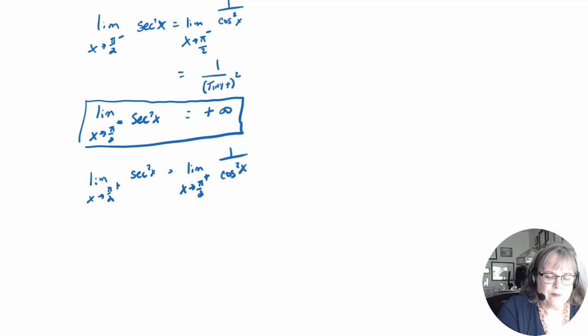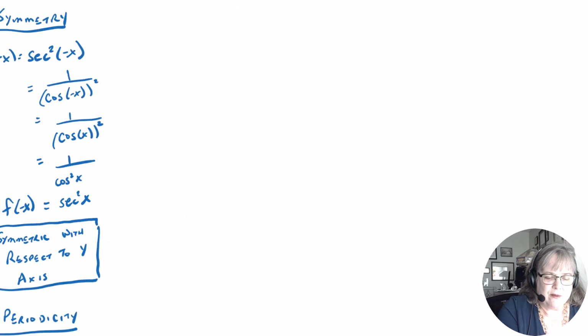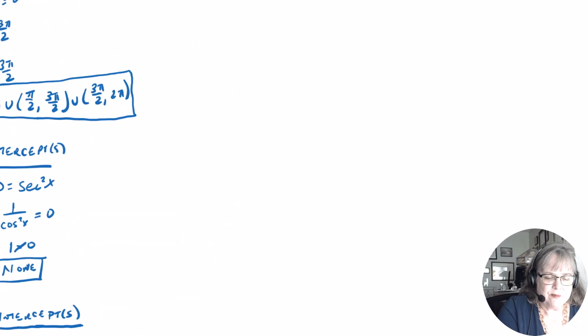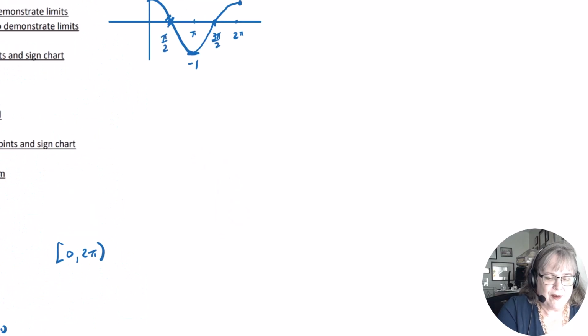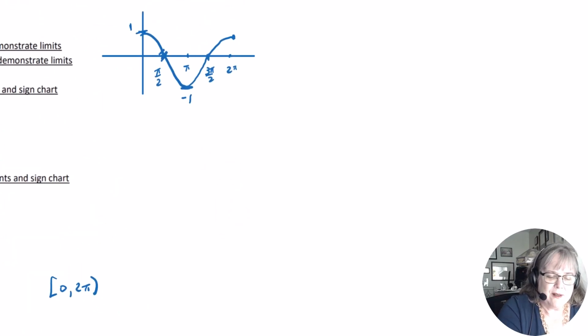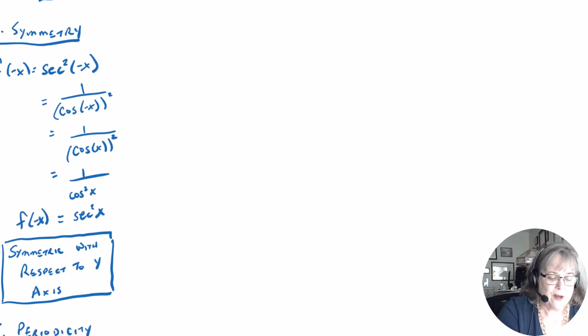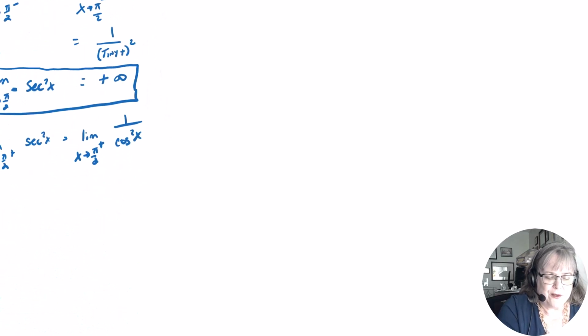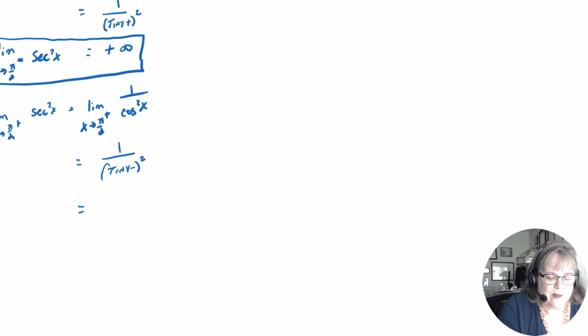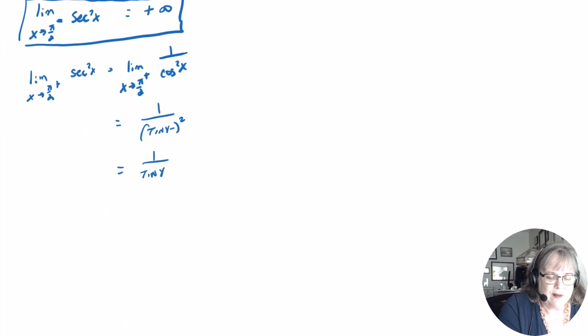And if you'll remember, as you're coming into pi over 2 from the right, you've got a little tiny negative number that's going to get closer and closer to 0. So you have 1 over a little tiny negative number squared, which turns out to be 1 over an even tinier positive. So you get positive infinity again.